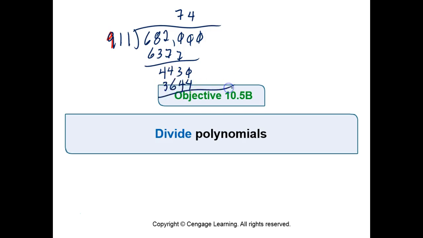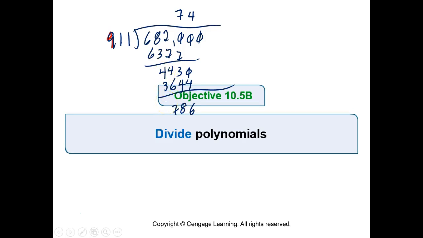Didn't know you'd be doing such high-level math today, did you? Then you subtract, and that gives you an 8. And this one would be a 7. Very good.